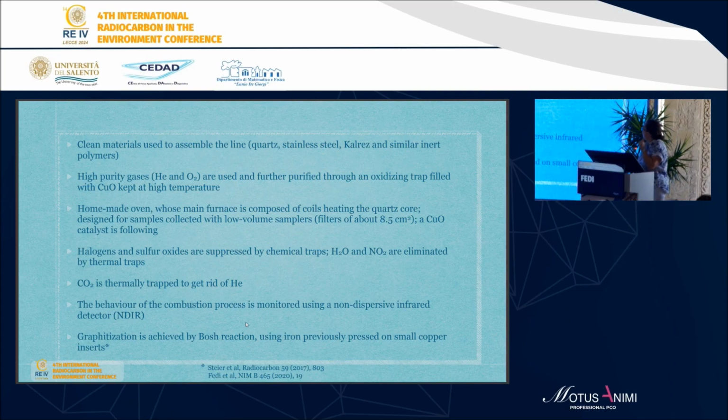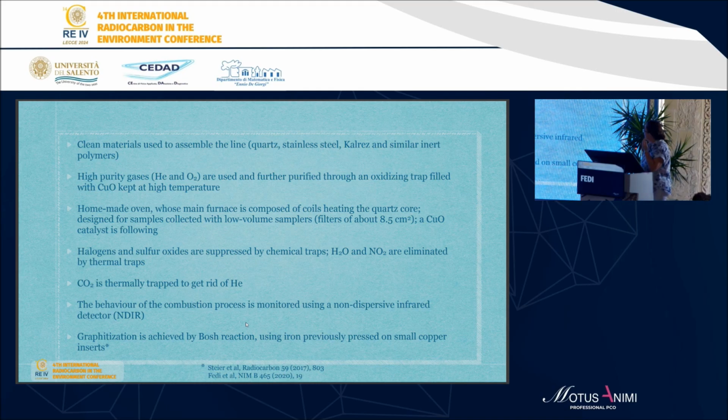So we are using quartz, stainless steel, Kalrez. Kalrez is a polymer used for O-rings, and it's similar to Viton. We are most used to Viton probably, but it's very interesting because it is characterized by a very low degassing rate, even at high temperature of 200 to 250 degrees Celsius.